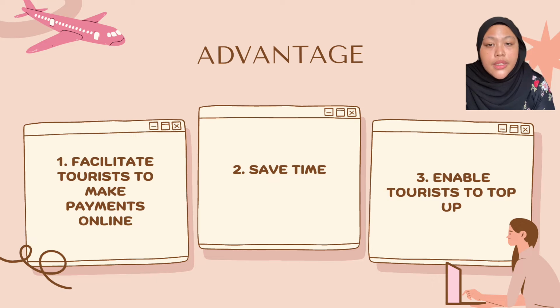When they have insufficient money, they can top up what they want, like 50 ringgit or 20 ringgit or others.